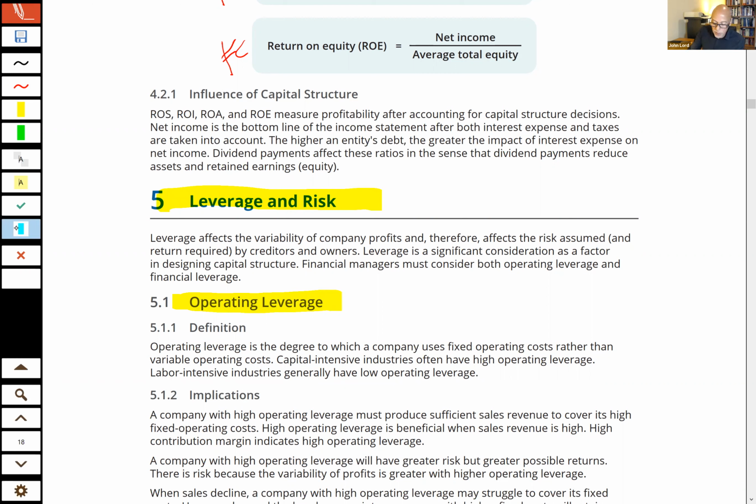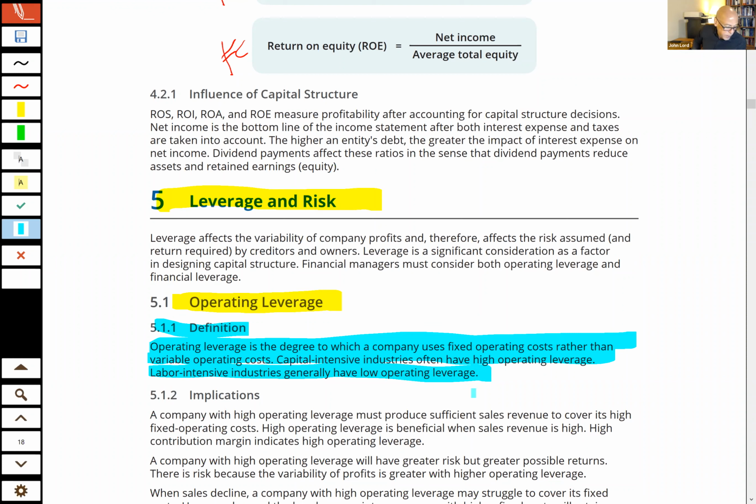So operating leverage really gets defined around our fixed costs versus our variable costs. Operating leverage is the degree to which the company uses fixed operating costs rather than variable operating costs. Capital intense industries often have a high operating leverage. Labor intense industries generally have a low operating leverage.